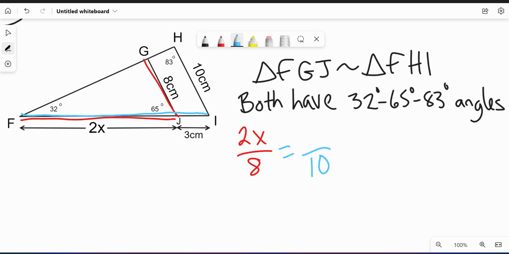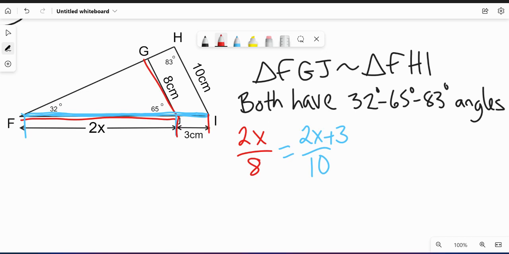When you have it included all the way over, you have to include the 2x and the 3. So this is 2x plus 3, because it's including the entire length here. You have to add those together.